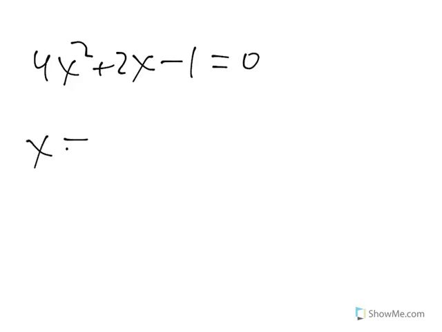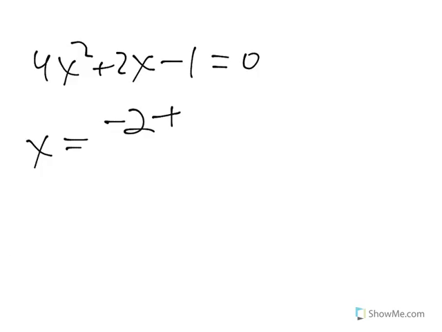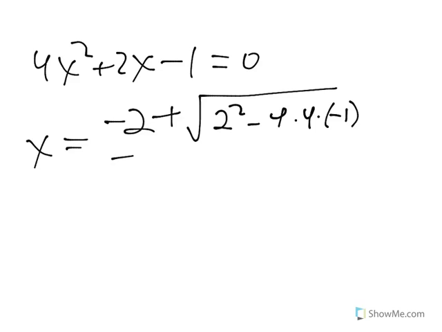And if I do the quadratic formula, I get negative b plus, I'm not going to do plus and minus because the minus might end up negative, plus the square root of b squared minus 4 times 4 times negative 1 over 2 times 4.